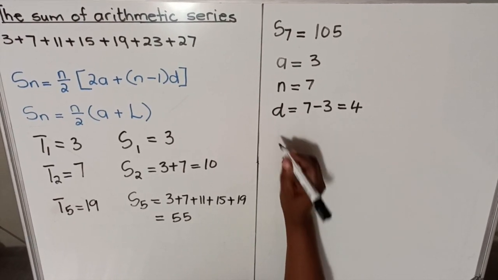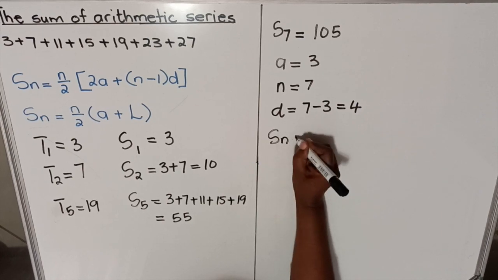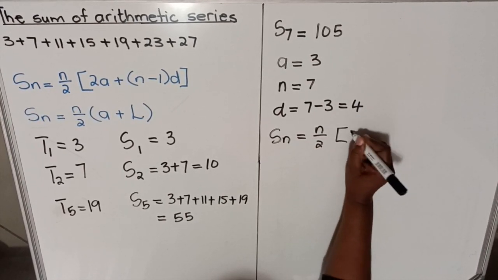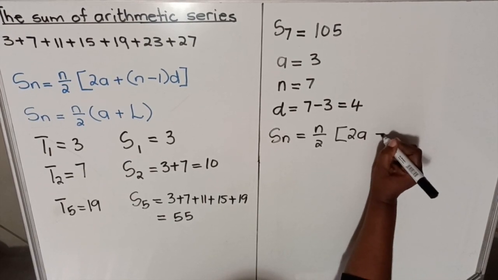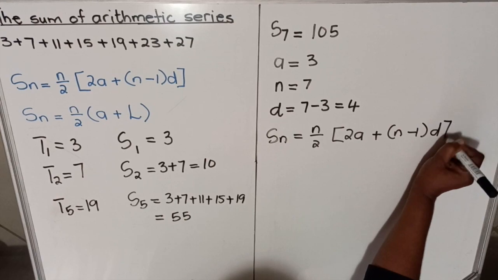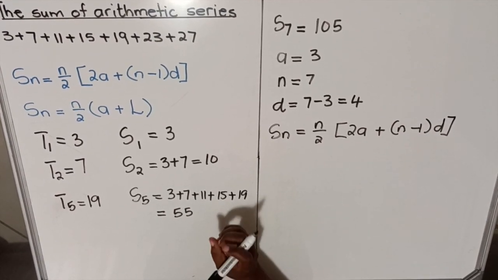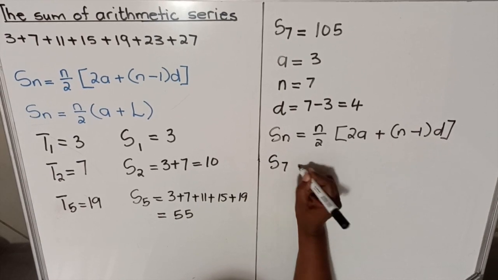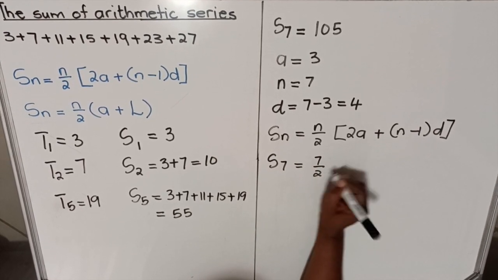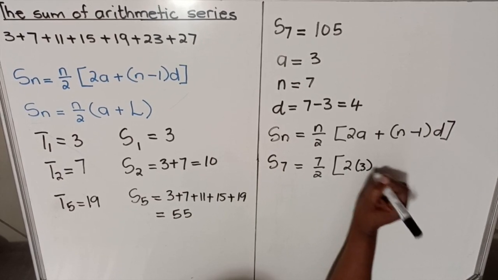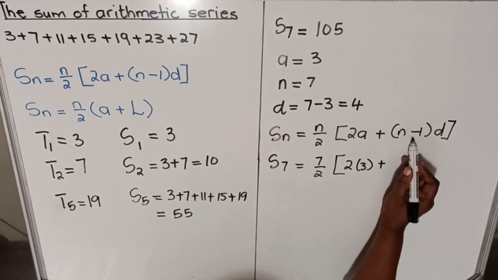Now you go to your formula sheet and copy it like it is. In maths, when you copy an equation from the formula sheet, you don't get marks. You won't get marks for doing this, but it will eliminate your mistakes. Then you substitute: n is 7, so S7 is equal to 7 over 2 into 2 times my first term, 3, plus n minus 1.